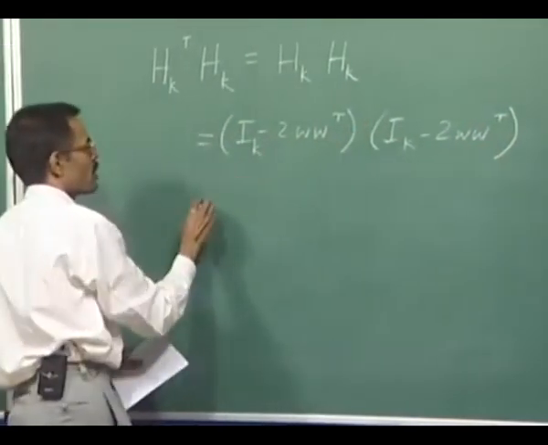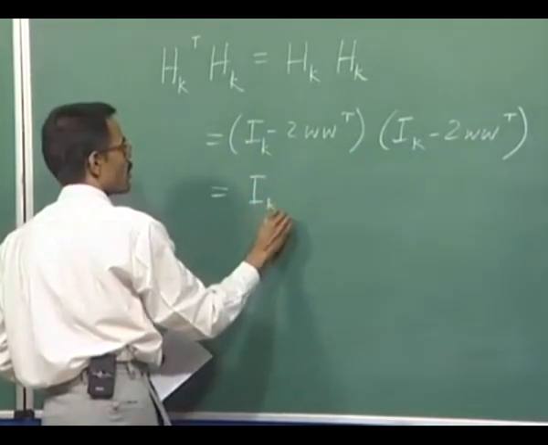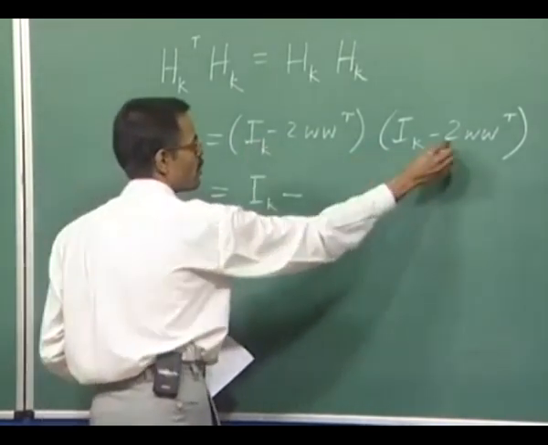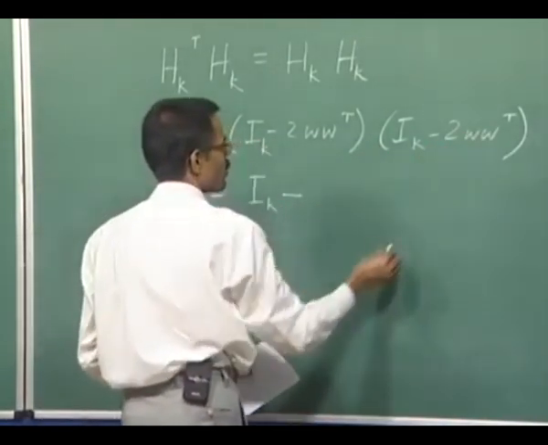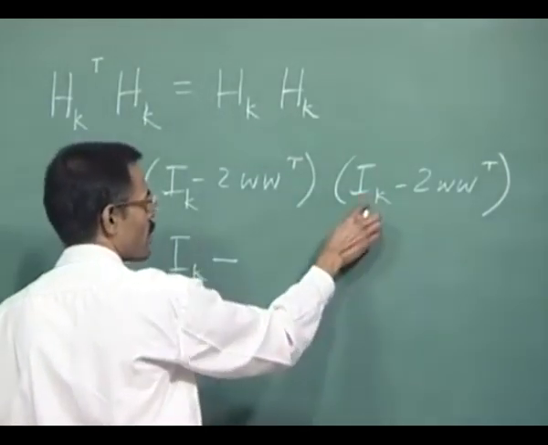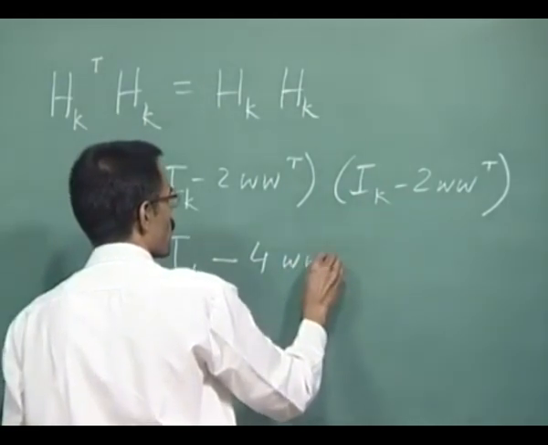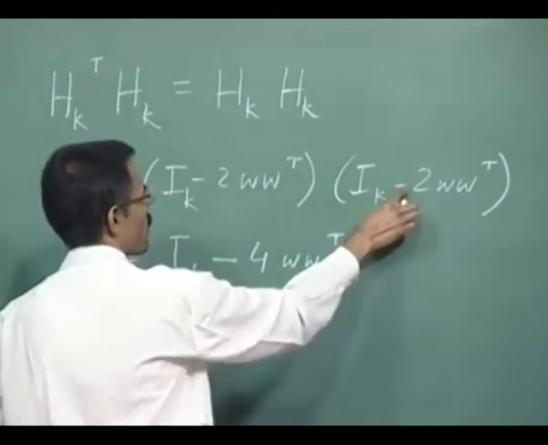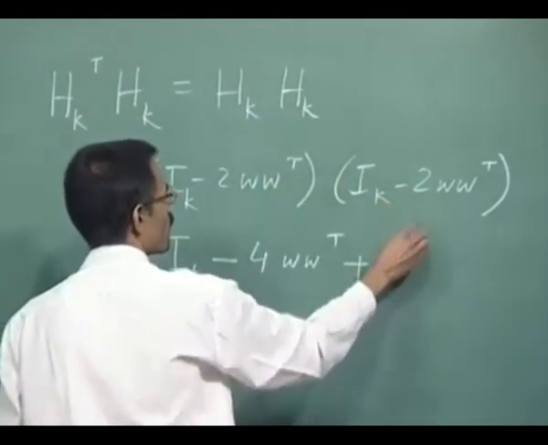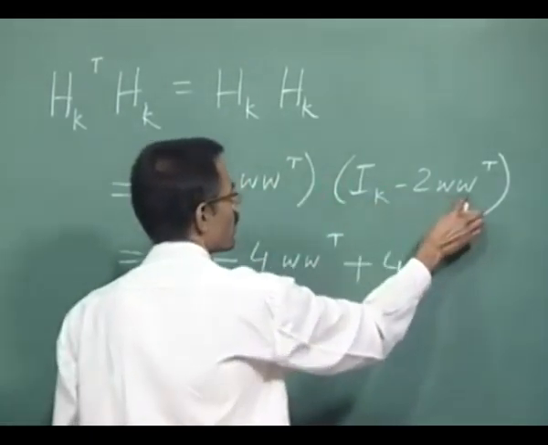As we open this product, we get I into I, that is identity, minus I into twice w w transpose, and again twice w w transpose into identity. So, total 4 w w transpose, minus minus plus 2 into 2 is 4, and we get w w transpose w w transpose.